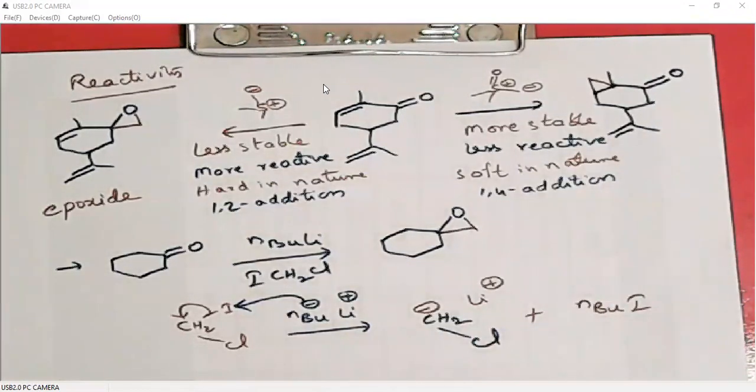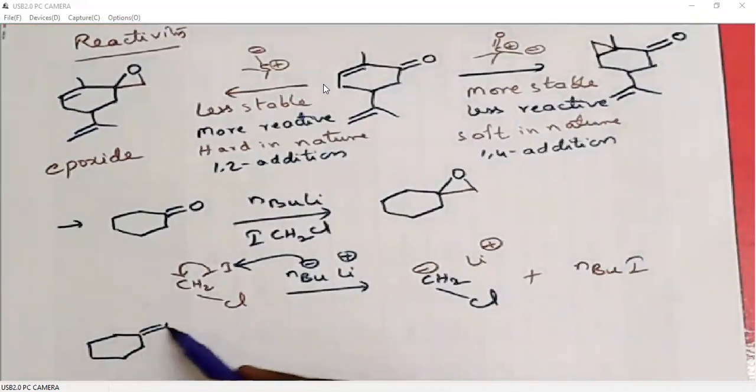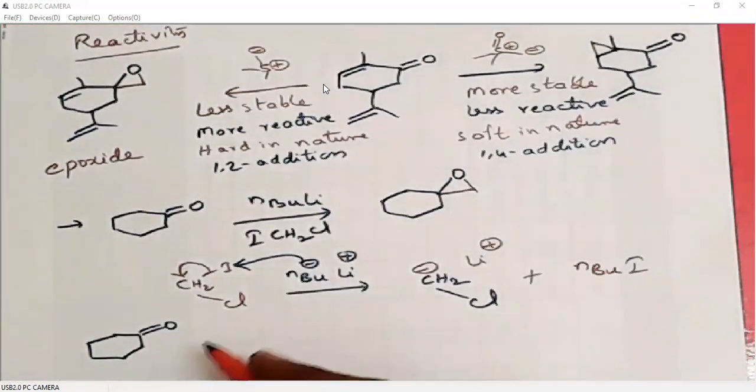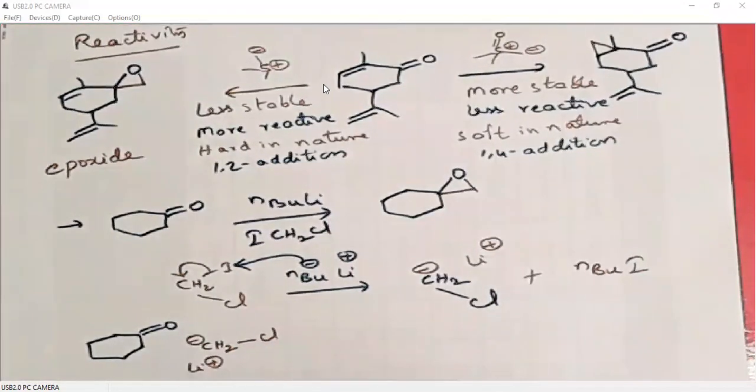n-Butyl iodide. This nucleophile will now add to the ketone, with lithium plus as the counter ion.